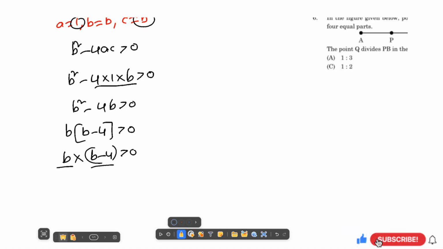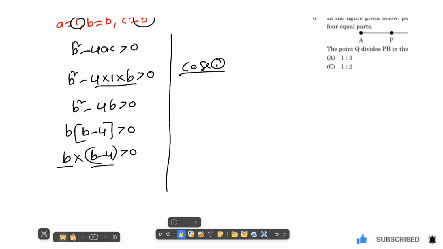So that means case 1. What is case 1? b can be greater than 0 and b minus 4 can be greater than 0. Both greater than 0 means both are positive. So here if you send minus 4 to the right side, b should be greater than 4.